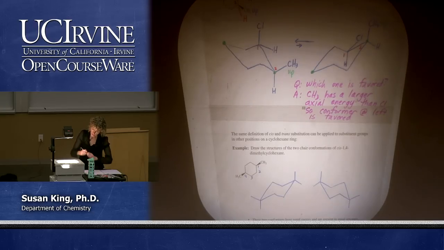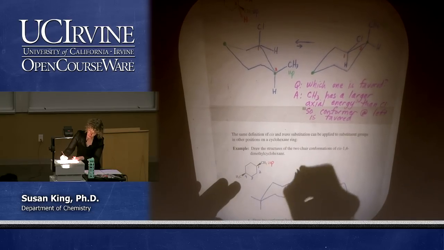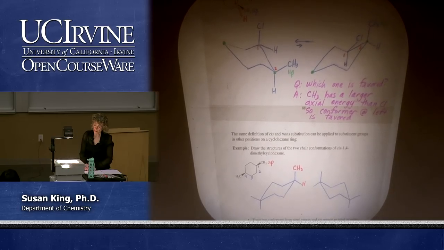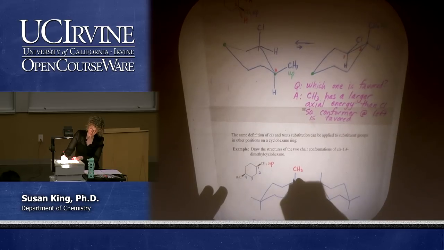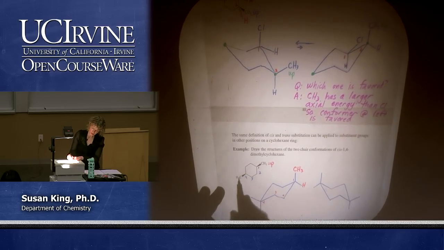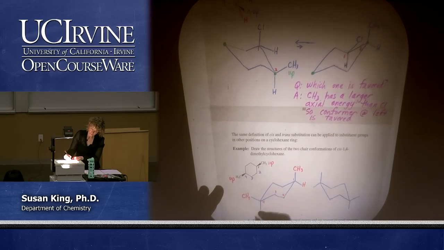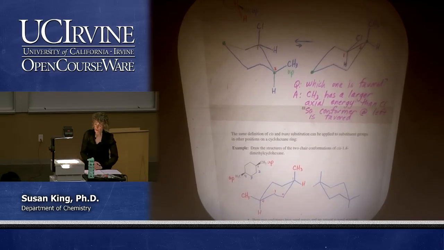So methyl up. So then the methyl goes right here, up above the hydrogen that's on the same carbon. And if we trace that around clockwise, 1, 2, 3, 4, we're to this carbon here. This is also up, so methyl is up here. So notice one is axial and one is equatorial.